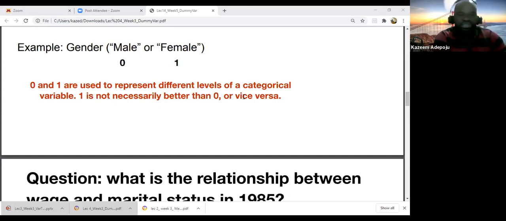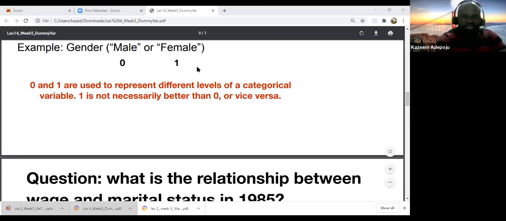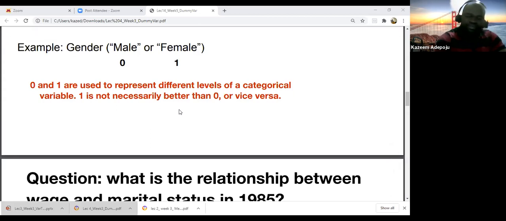Okay, it's just a way to label two places that are not actually the same. So like I said, I can also switch that. And like I said, 1 is not necessarily better than 0 or vice versa.